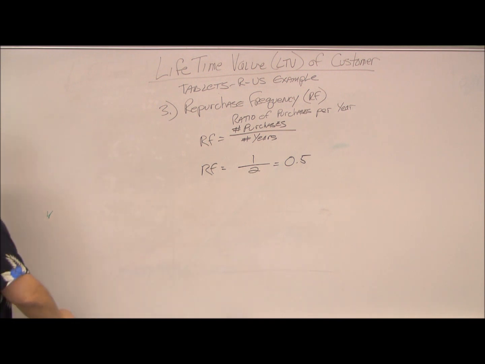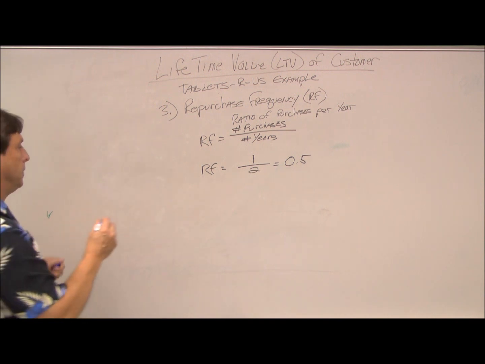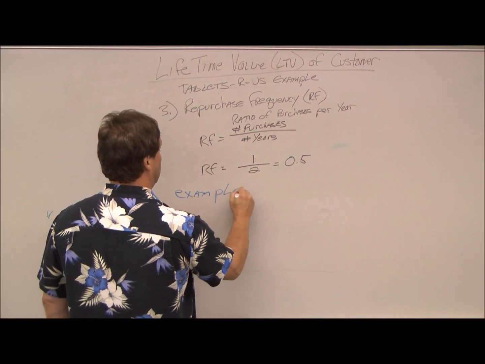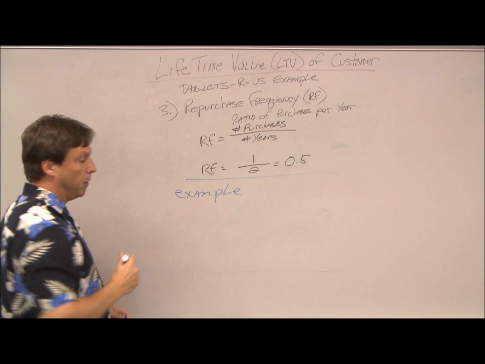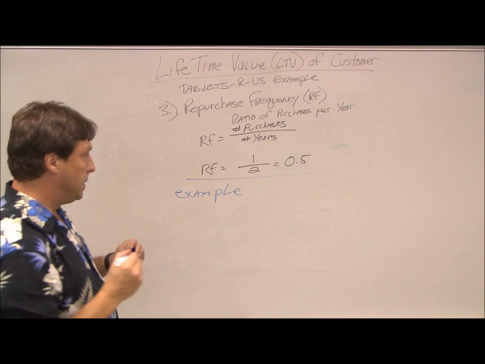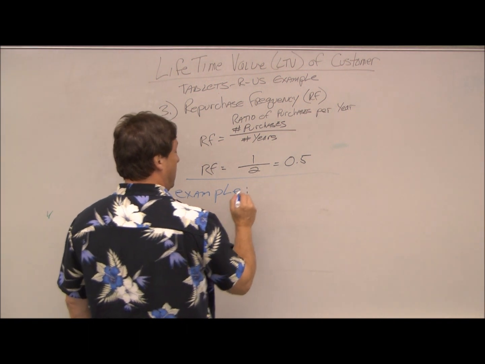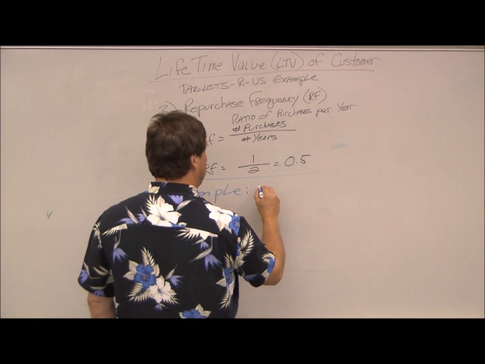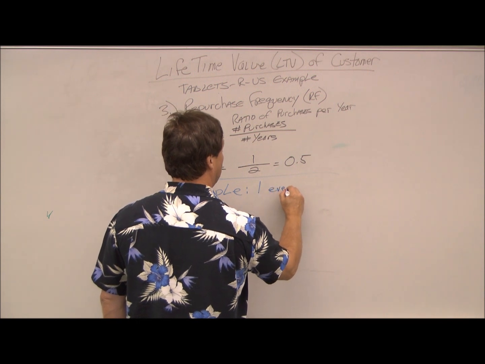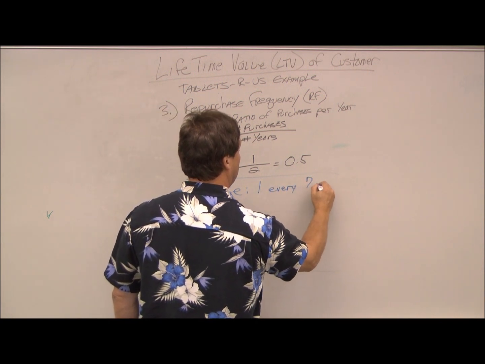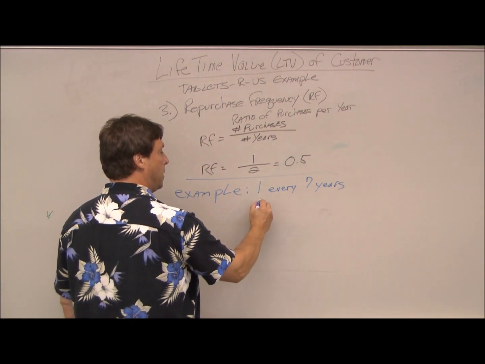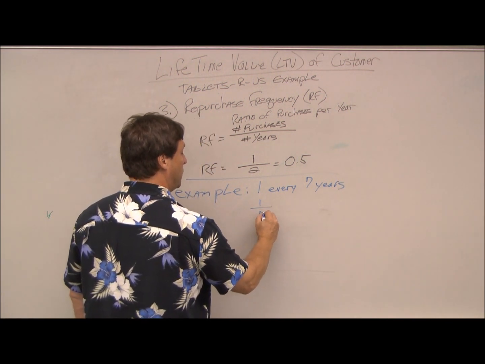Let me do another example, separate from what we're doing for Tablets R Us. Say the average house buyer buys one house every 7 years. So their repurchase frequency would be one purchase over 7 years.